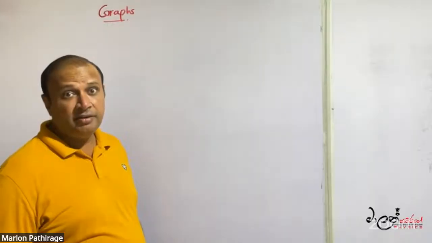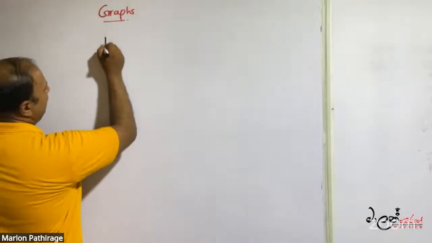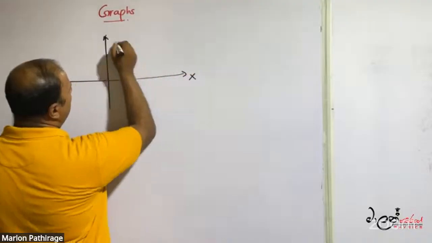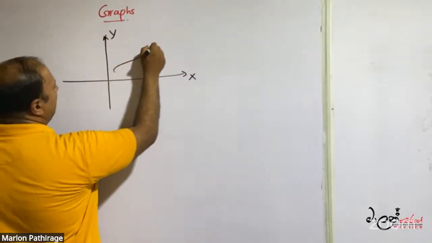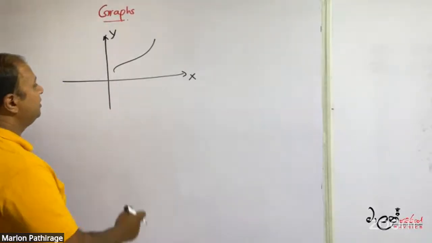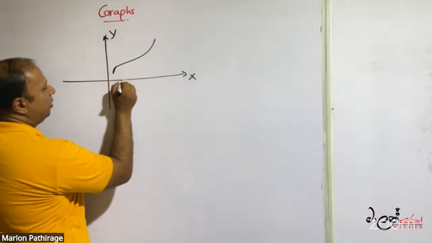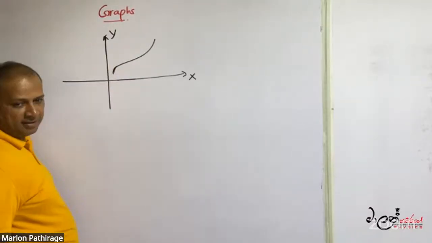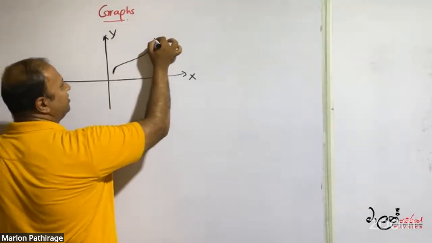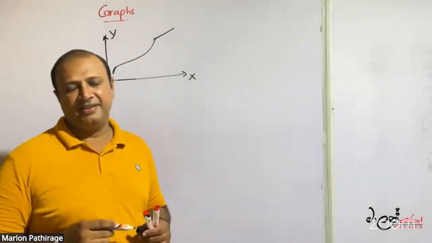A graph is something like a drawing on the Cartesian coordinate. It is just a simple drawing on the Cartesian coordinate.